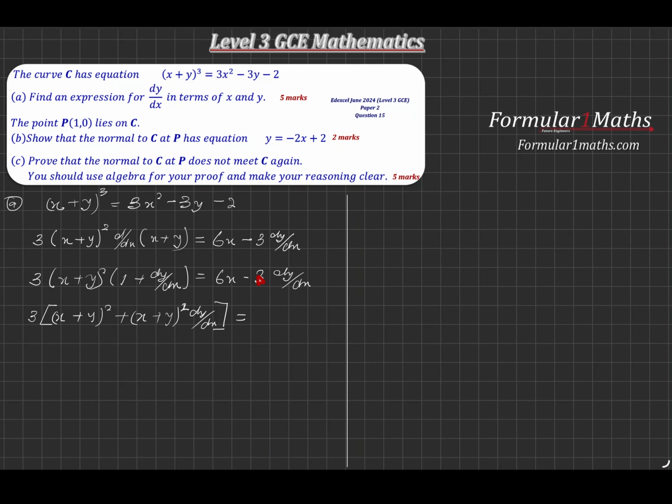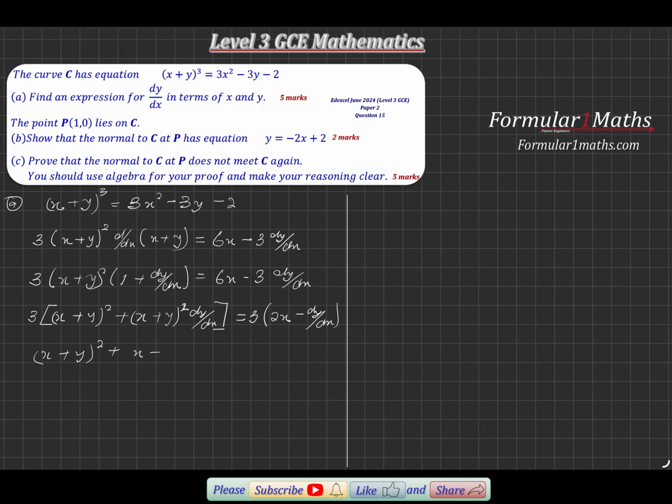Now for the right hand side, I can factorize 3 out. I will leave 2x − dy/dx. If I divide both sides of the equation by 3, I'll be left with (x + y)^2 + (x + y)^2 dy/dx = 2x − dy/dx.